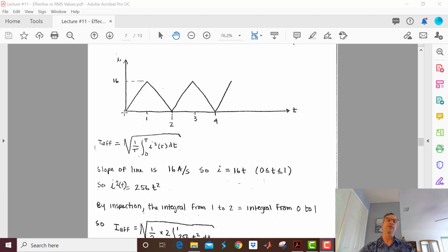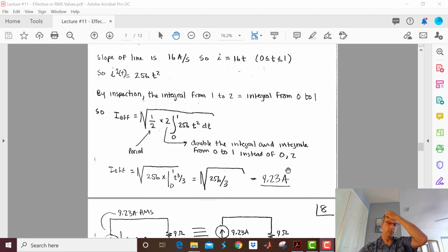It's 9 because we averaged the square of this waveform. We averaged the square. We'll come back to that.